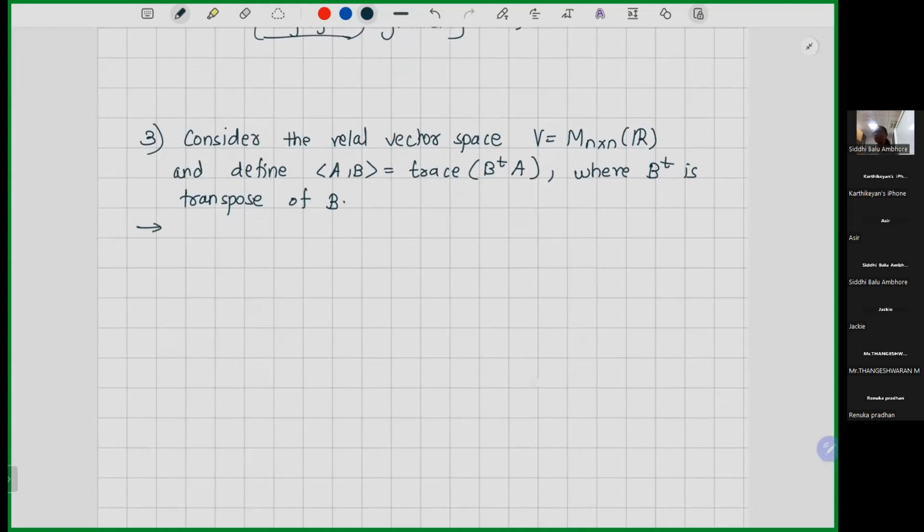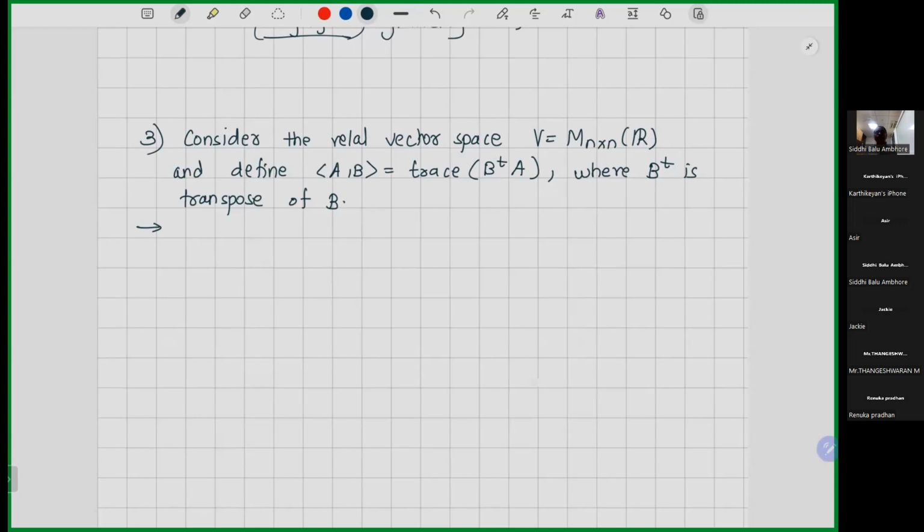Okay, so what is your guess? Whether this will form an inner product space. The map is given to be the trace of B transpose A. So B transpose A will again be an n cross n matrix, and we will be taking the trace of it.